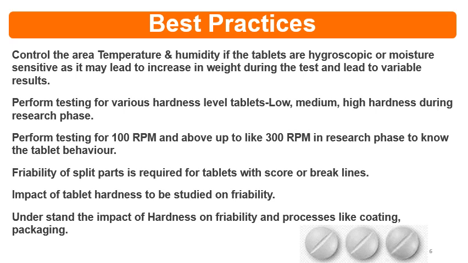So if your tablet is having a certain hardness range and it is passing the friability, but if the tablet core gets rubbed or chipped during coating, at that time you should understand that the hardness is required to be improved, and on the other hand the coating parameters are required to be optimized.